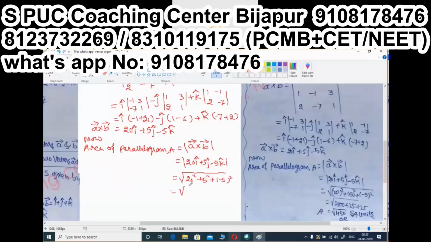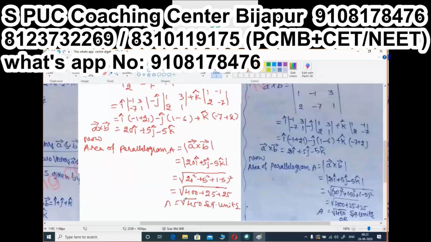Okay, simplify this one please. Tell it to me. 20 square is 400, plus 25, plus 25. So if you simplify this, it will be root of 450 square units. So this is the required area.